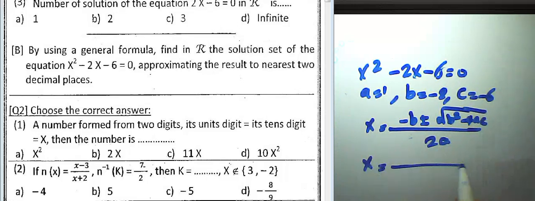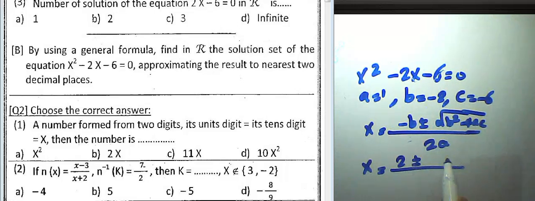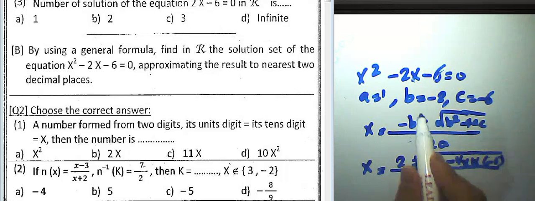x equals negative b, here it will be positive 2, positive or negative, square root of negative 2 power 2 equals 4, subtract 4 multiplied by a equals 1, multiplied by c equals negative 6, over 2 multiplied by 1, here equals 2.